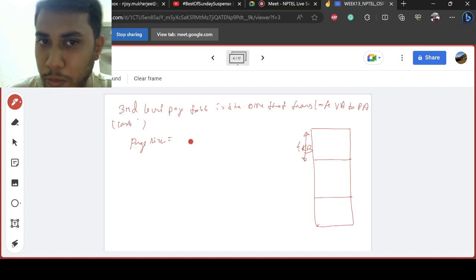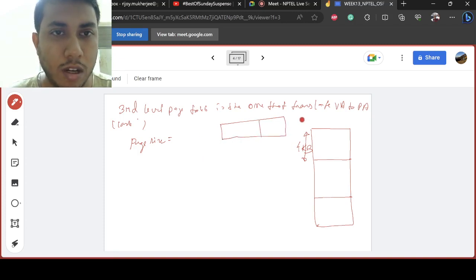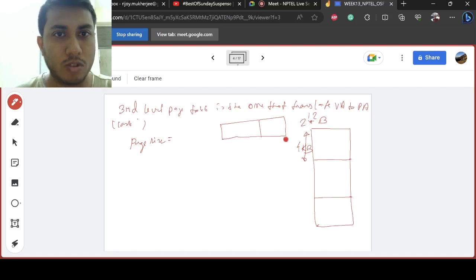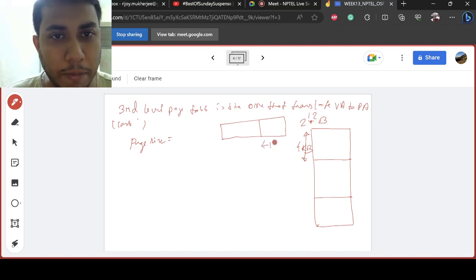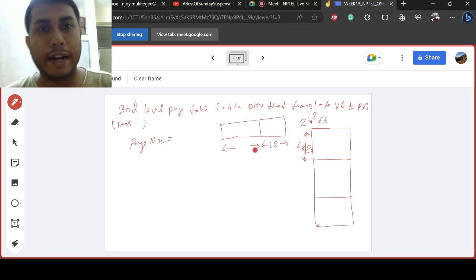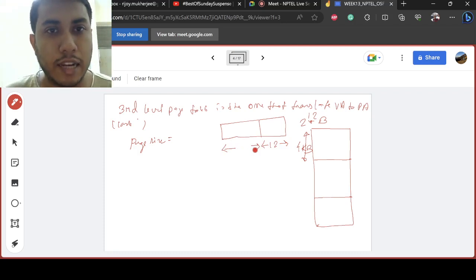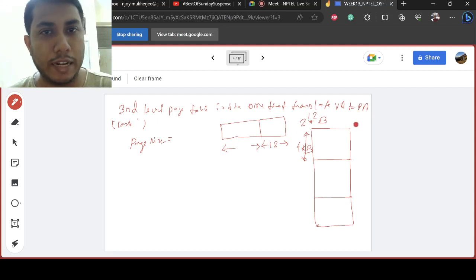What is 4 KB? 4 KB is basically 2 to the power of 12 bytes, right? So basically your 12 bits represent this offset, and the rest of it represents the address part to translate your virtual address to a physical address, right?